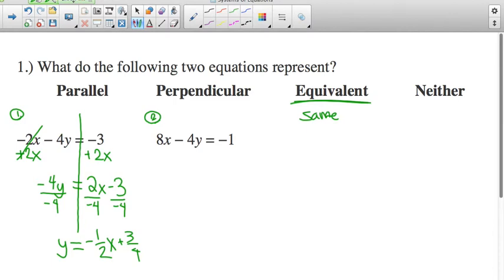So here's the equation of our first line in slope-intercept form. And remember, it's asking us if they're parallel, perpendicular. So we know that we're just looking at the slopes of these 2 lines.